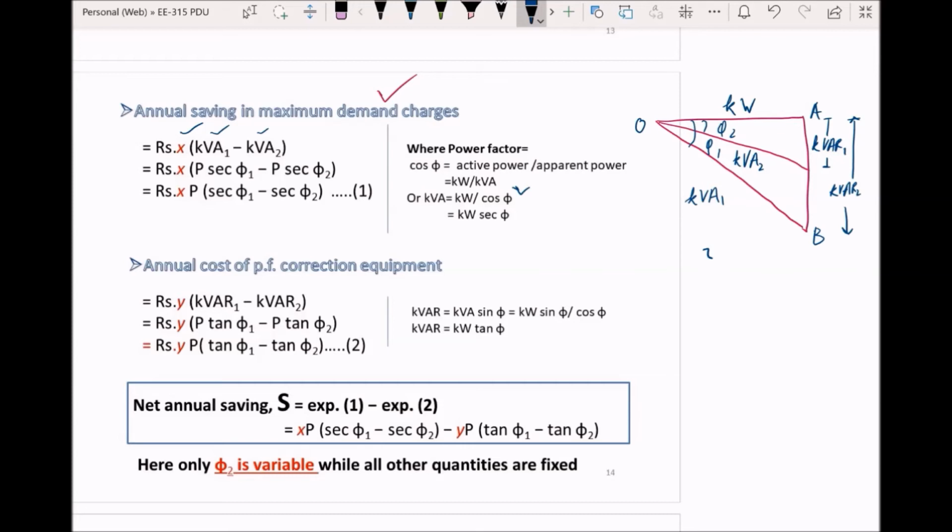So overall, it can be represented in the form of secant: active component times the secant of both angles, before and after the correction.